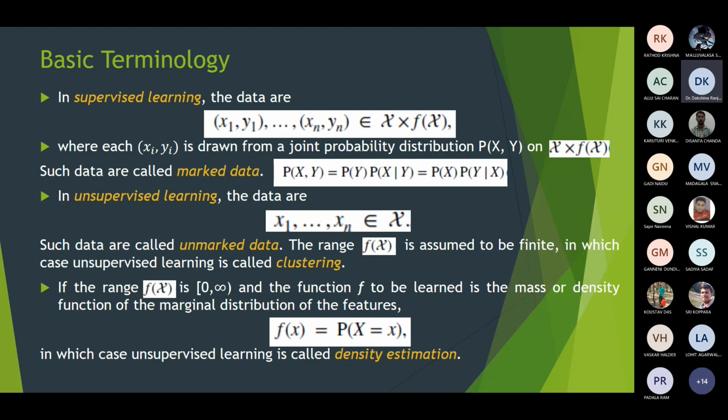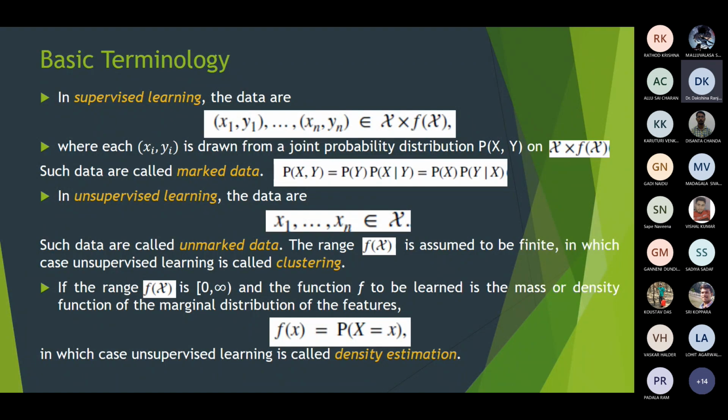So x1 y1 to xn yn are nothing but the domain range pairs. Each xi comma yi is drawn from the joint probability distribution p of x comma y, which is defined over x by fx, and such data are called marked data.